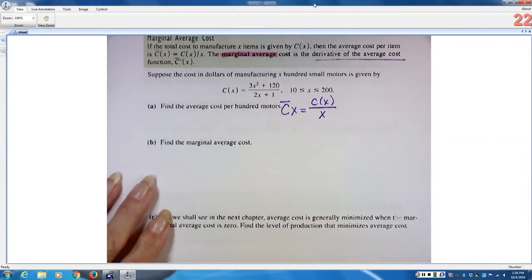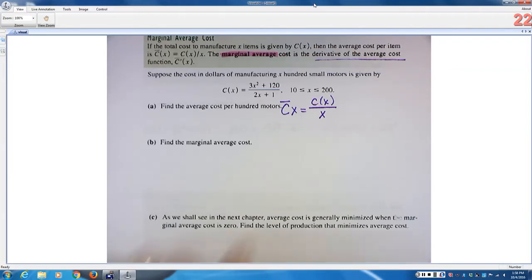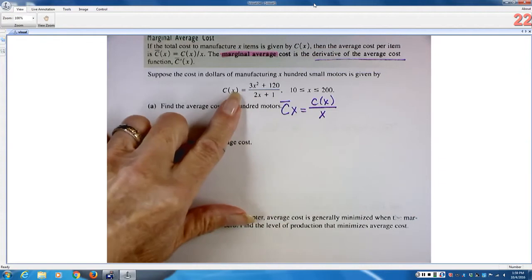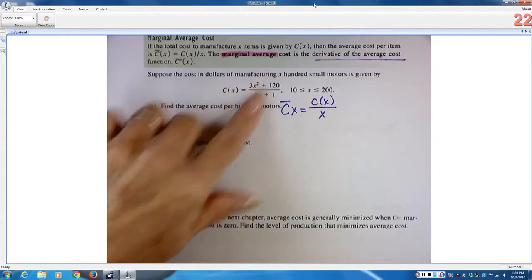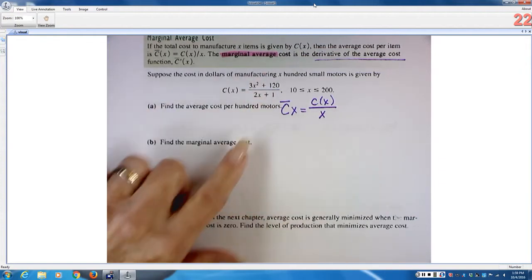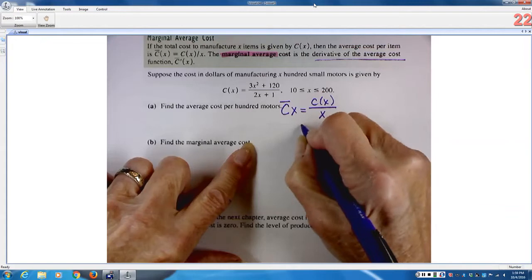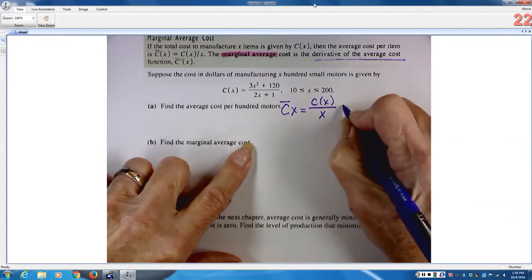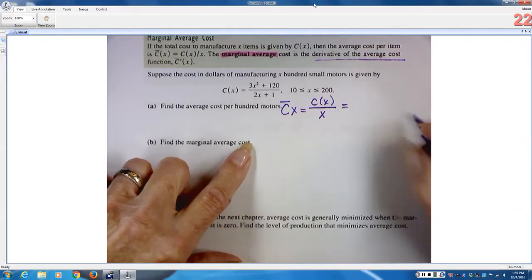Okay, the average cost is C of X over X, cost per motor. So since we have a function for average cost, we're going to divide this function by X. I'm not going to write it this way because you'll more easily understand the next step if I write it this way.